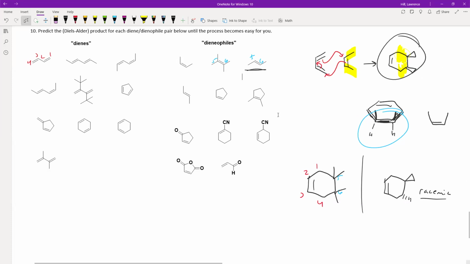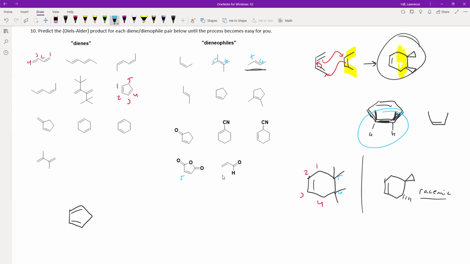Now let's do one of the harder ones where we have some electron withdrawing groups, and we can think about secondary orbital overlap. So let's do a really common Diels-Alder reaction between cyclopentadiene and maleic anhydride.